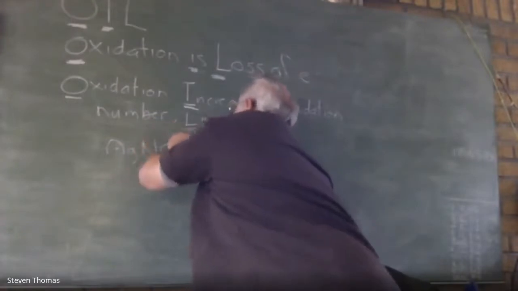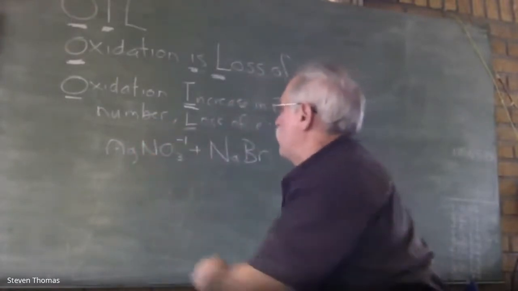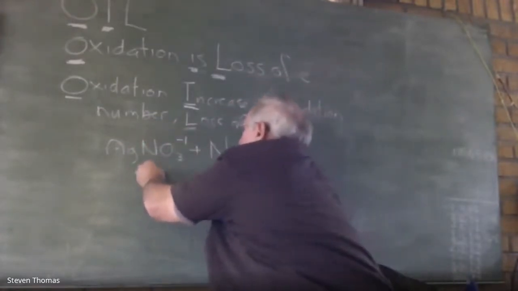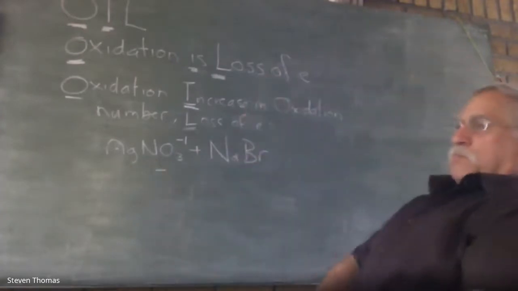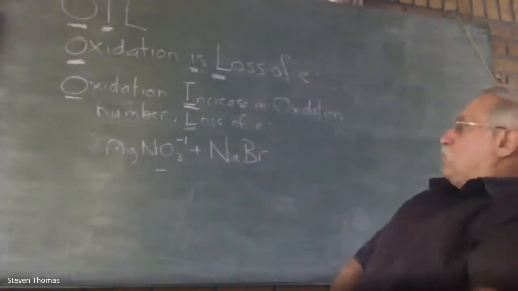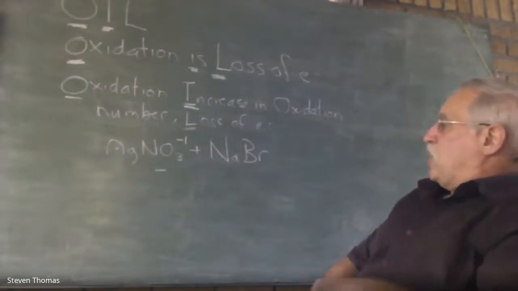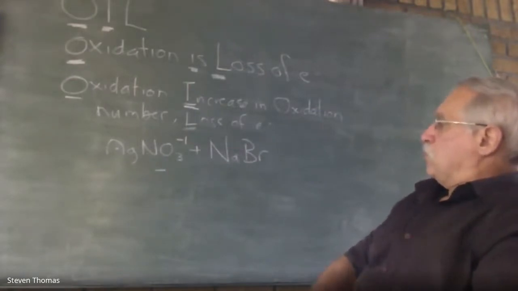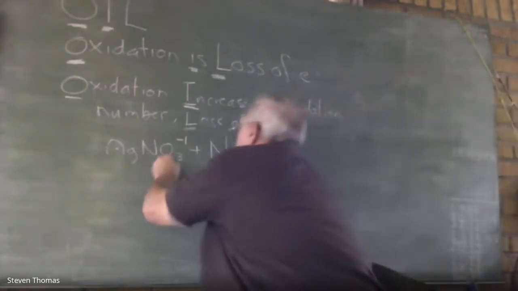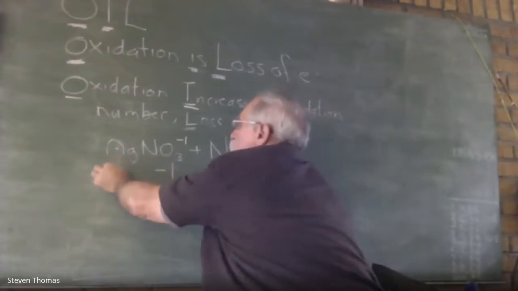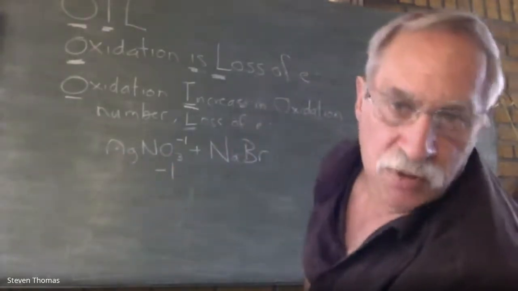It's -1. The nitrate ion is -1. So what's its oxidation number going to be? -1, well done. Therefore, to balance it, what is silver's oxidation number?